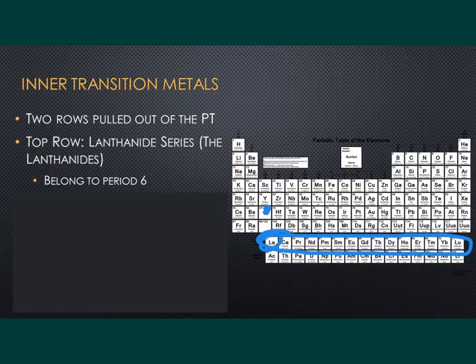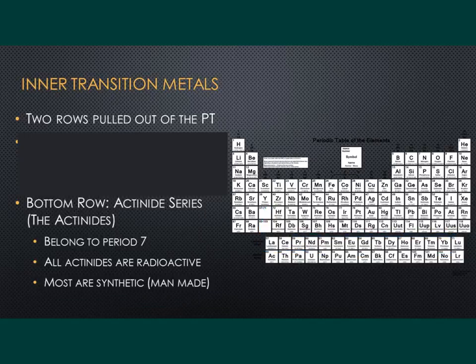I showed you the picture on the last slide, so you understand where they go. Lanthanides, there's not much to say about them. The bottom row down here is the actinides, or the actinide series, because you've got actinium right there. They belong on period 7, and they are all radioactive, and most of them are man-made.